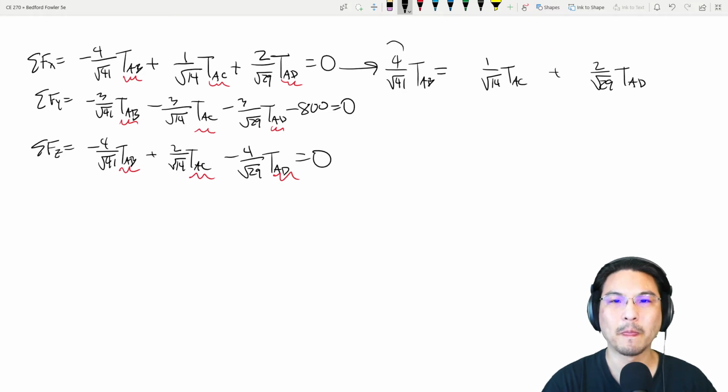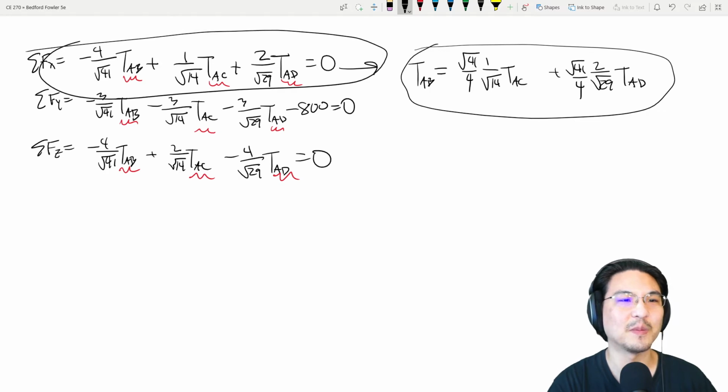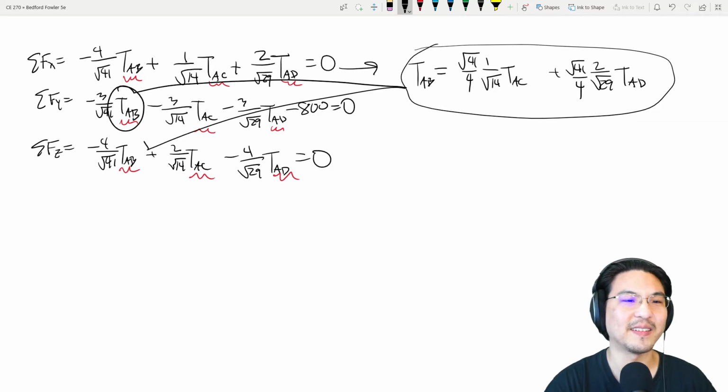Okay, now I'm going to just multiply by the reciprocal. And then I have this, right? So I solved this in terms of TAB, and then I'm going to substitute it here and here.